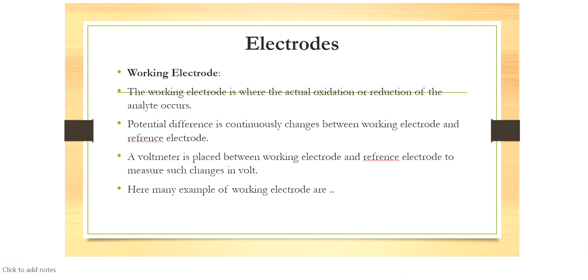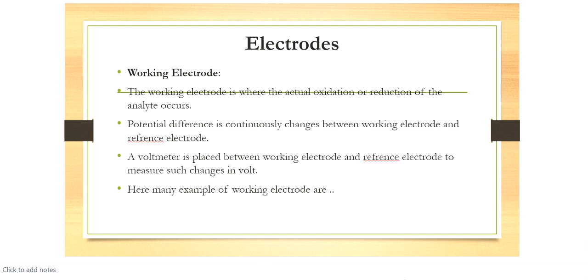One of them is the working electrode. The working electrode is where the actual oxidation or reduction of the analytes occurs, and the potential difference is continuously changed between the working electrode and reference electrode. A voltmeter is placed between the working electrode and reference electrode to measure such change in voltage.